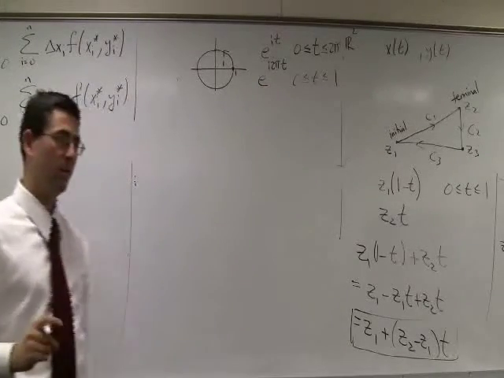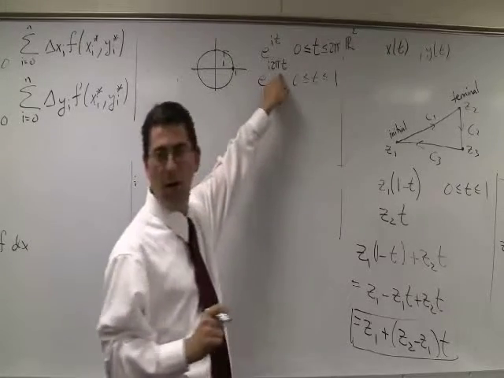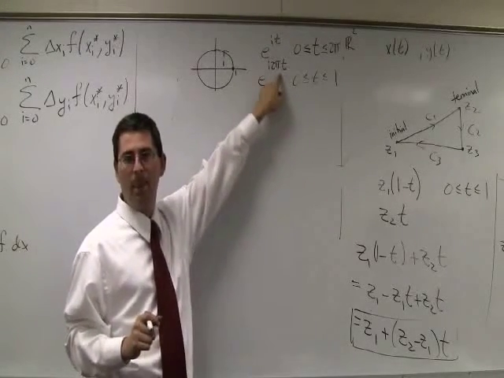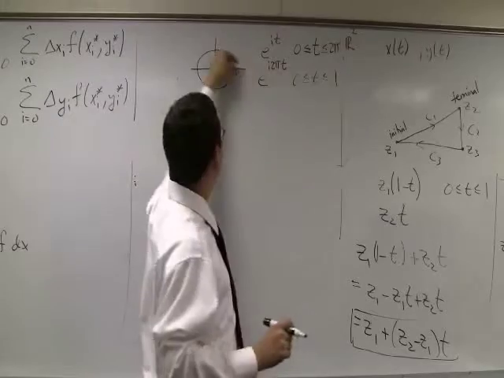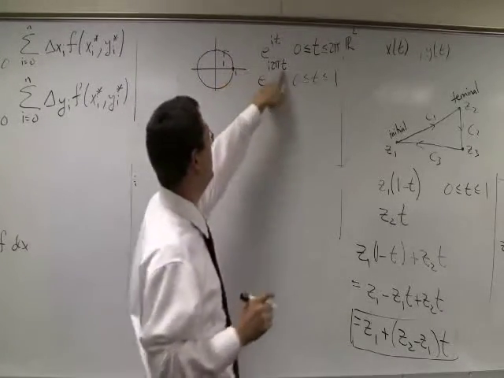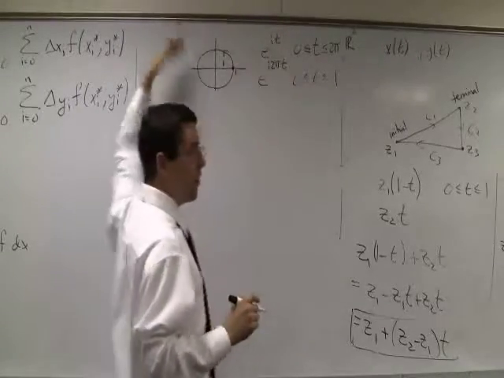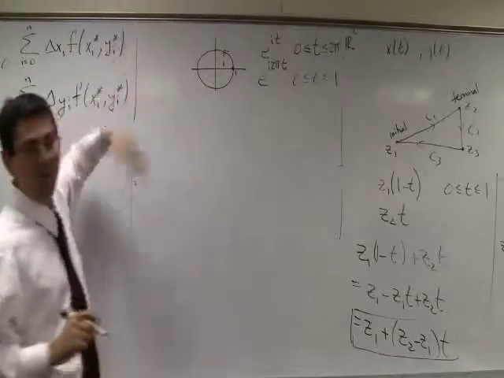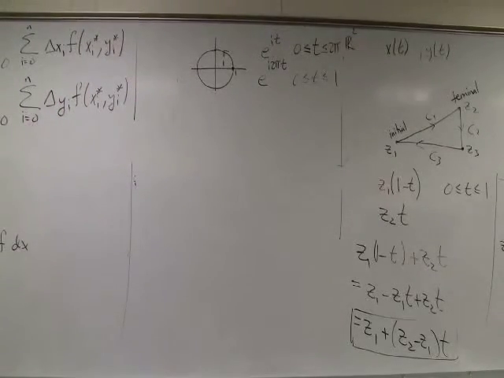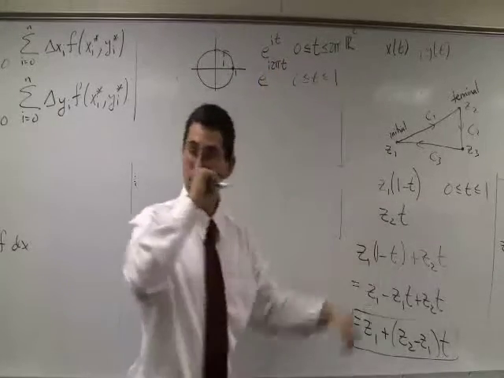But of course this can't take you around more than once. Why not? Well, we know that if you go around once, you're at 2 pi. If t is less than 1, then this is less than 2 pi. So you couldn't have gone past 2 pi, which is what you'd have to do to go around more than once. Okay, so that's how we can go around once in 1 second.